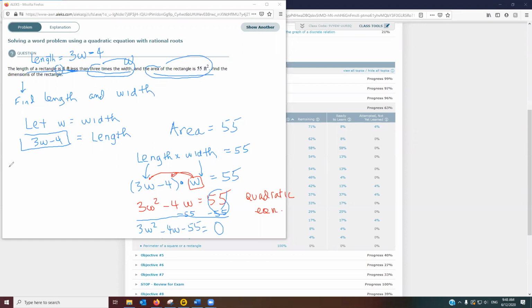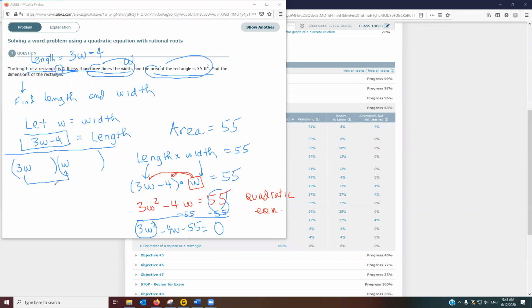Step 2 is factor. So let me try to factor this left side. All right, well, I know to get a 3W squared, I need to put a 3W in the front of one parenthesis and a W in the other, because I know if I multiply these back, it'll get me to 3W squared.